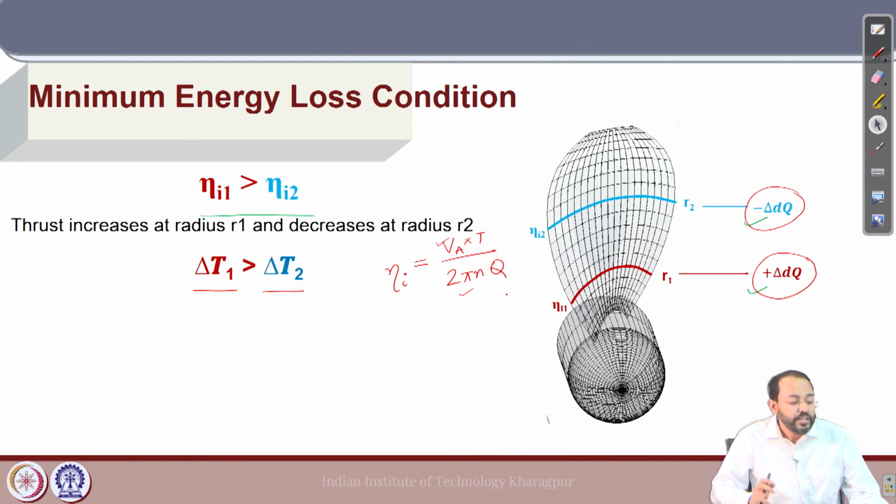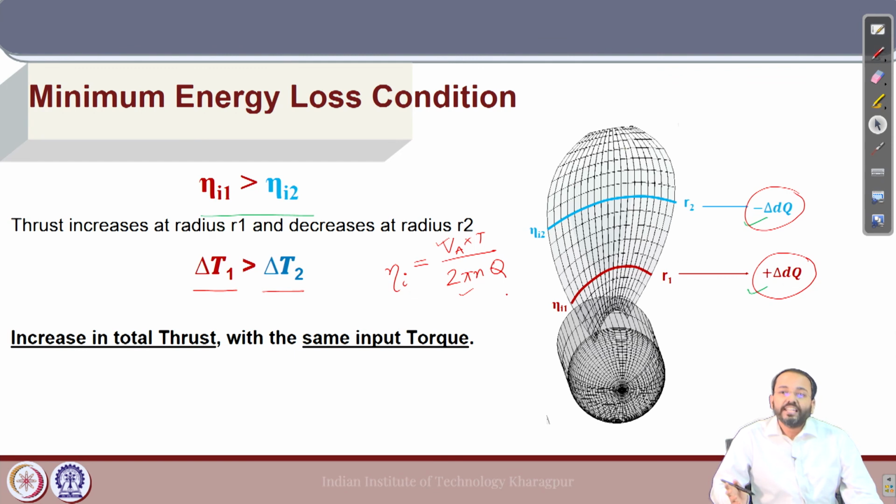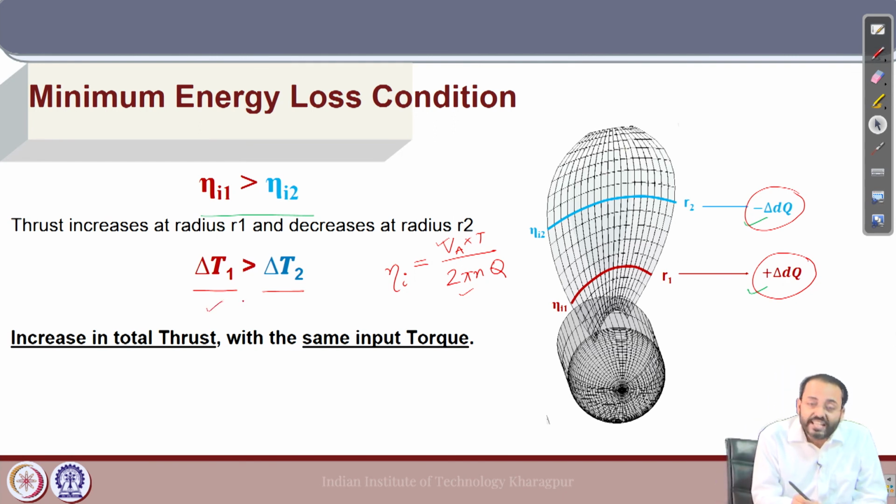So, effectively, when we integrate the thrust to get the total thrust, the total thrust will increase, because delta T1, the increment at R1, is higher than the decrease at R2.